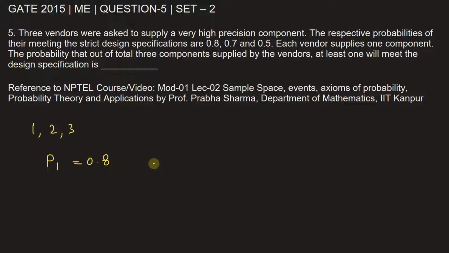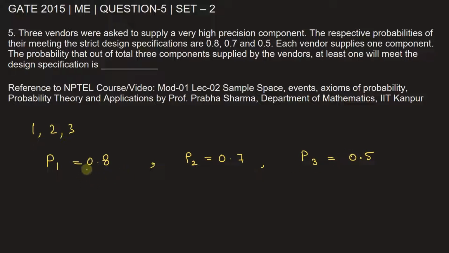Similarly, for the second vendor, the probability of meeting the design specification P2 is equal to 0.7, and for the third vendor, P3, the probability of meeting the design specification will be 0.5.